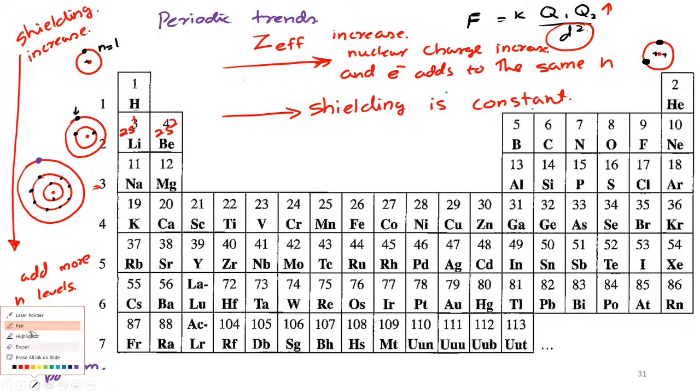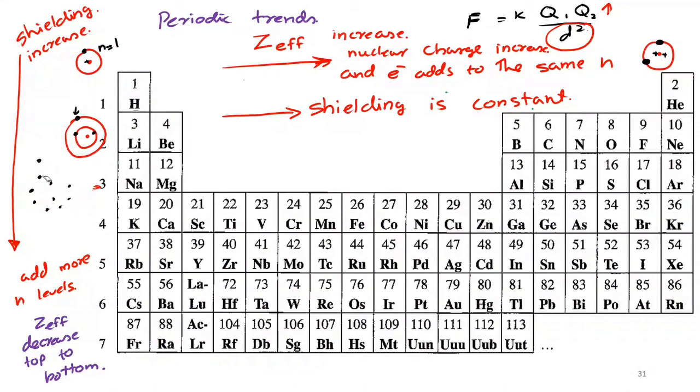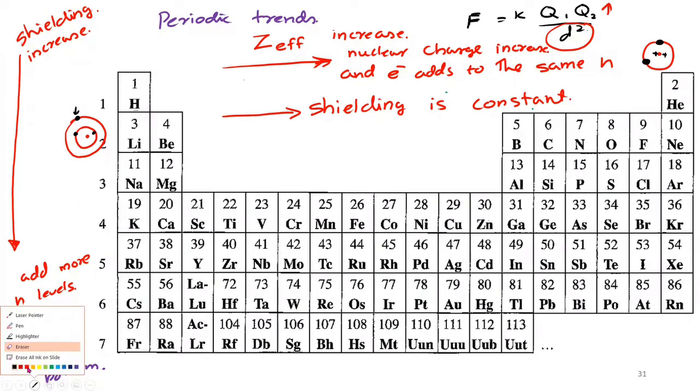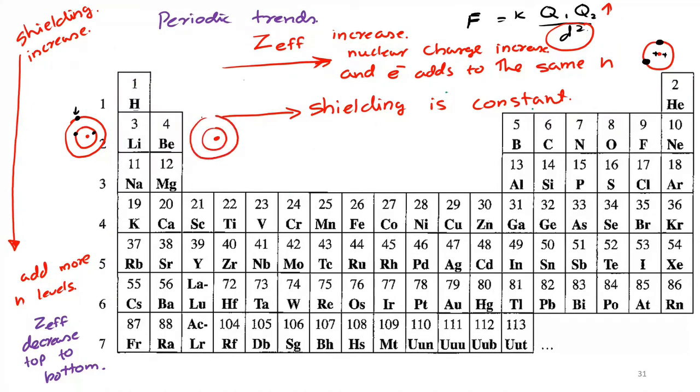Let's take a look at what I said. Now I'm going to erase this extra stuff just to make things a little bit clearer. So let's take this lithium atom. In lithium, you have level 1 and level 2. Next, let's take beryllium. For beryllium, I have level 1 and level 2. I have 4 electrons.